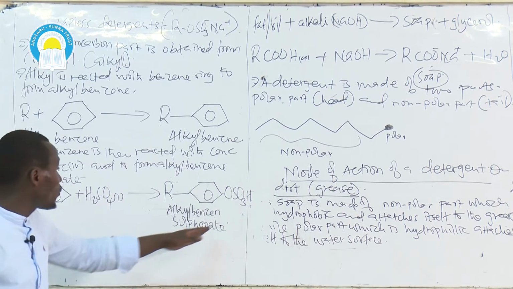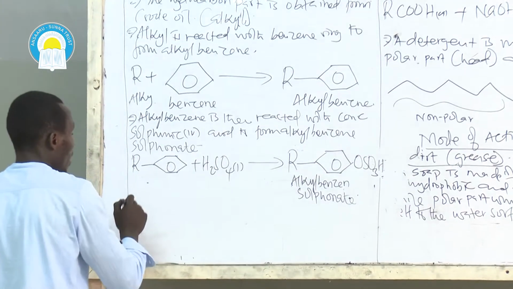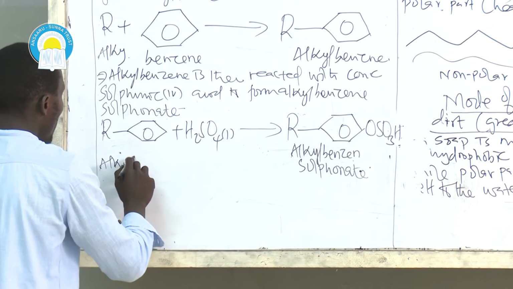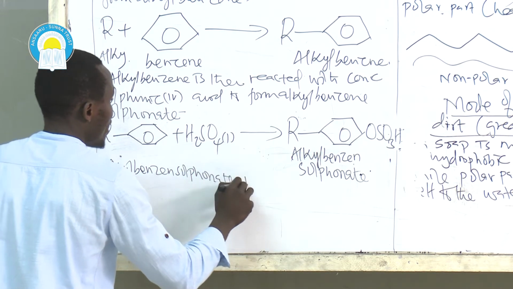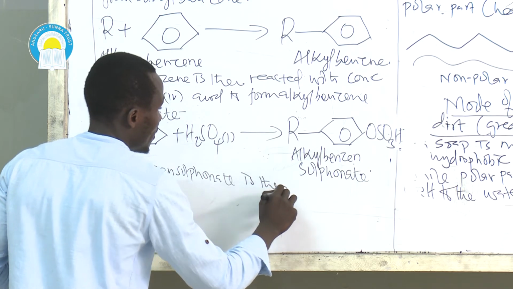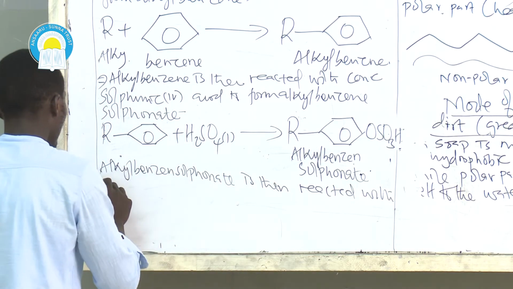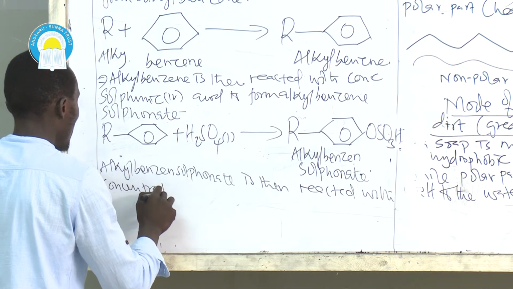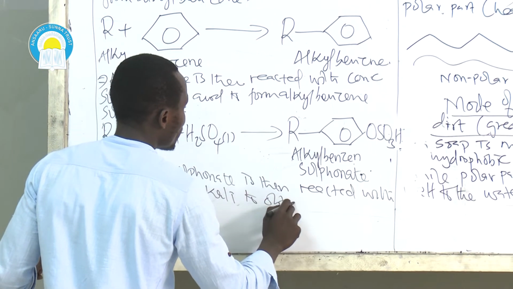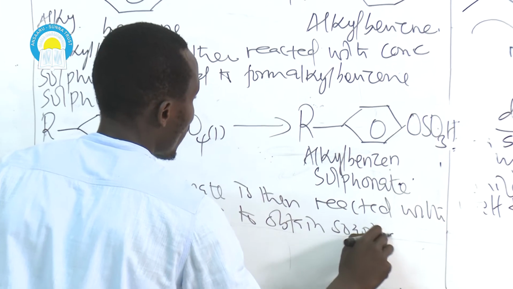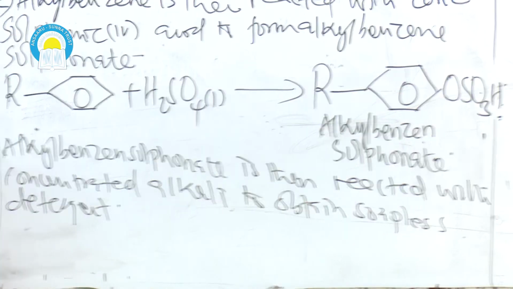Now, the alkyl benzene sulfonate is then reacted with concentrated alkali to obtain the soapless detergent.